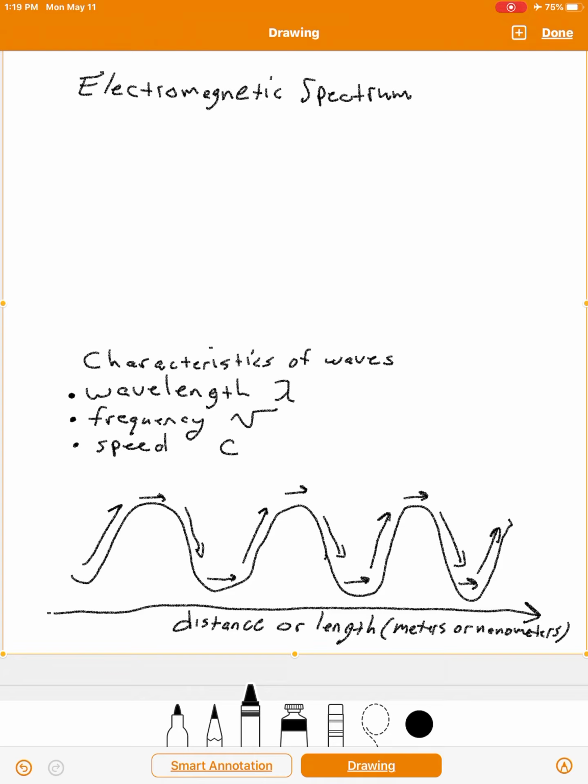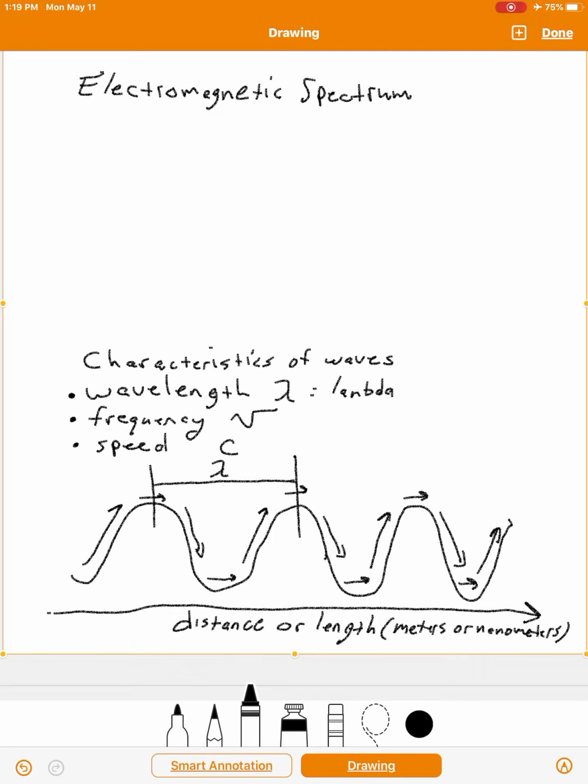So we're going to define something called the wavelength as the distance on the horizontal axis, the x-axis we call that, the distance between two adjacent peaks. And the symbol is a lambda. Let me spell that letter out. It's a Greek letter.